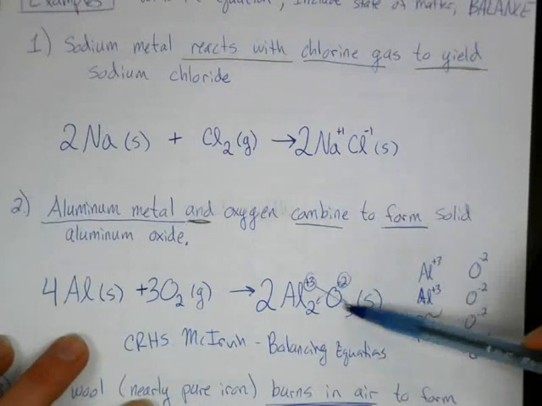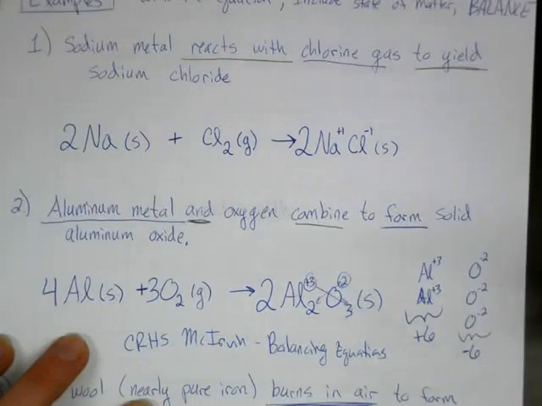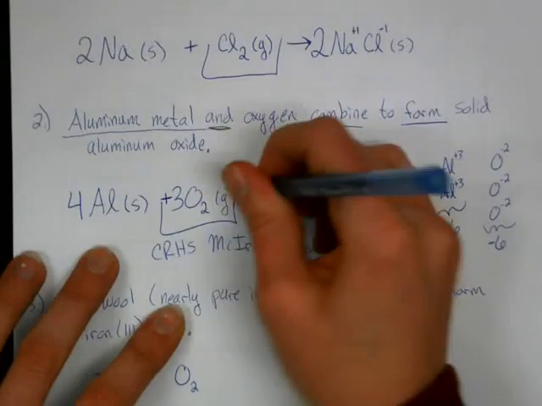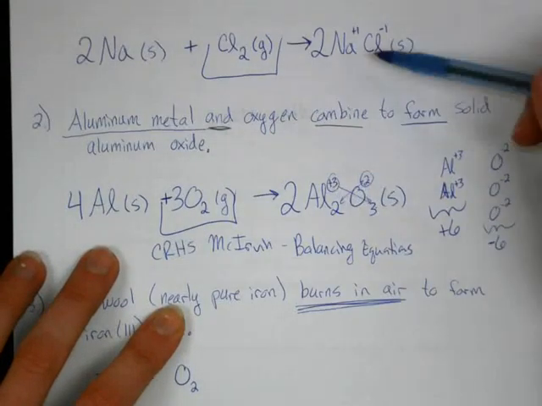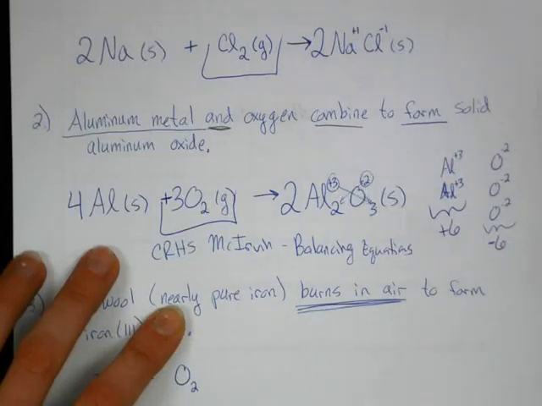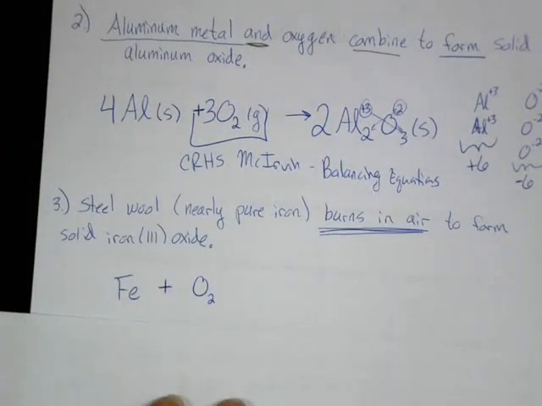Also notice that when chlorine and oxygen were bonded together, these aren't 2's that come after chlorine and after oxygen. It's only when it's by itself that we have diatomics. This being by itself. This being by itself. In these compounds, when they're bonded, I have to look at the charges in order to figure out the subscript.